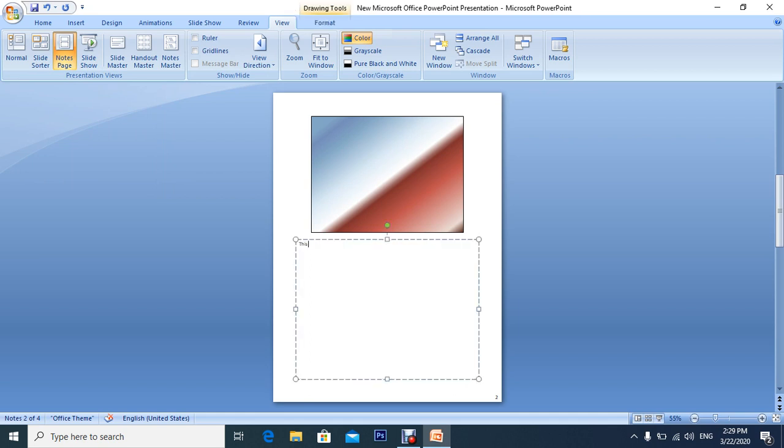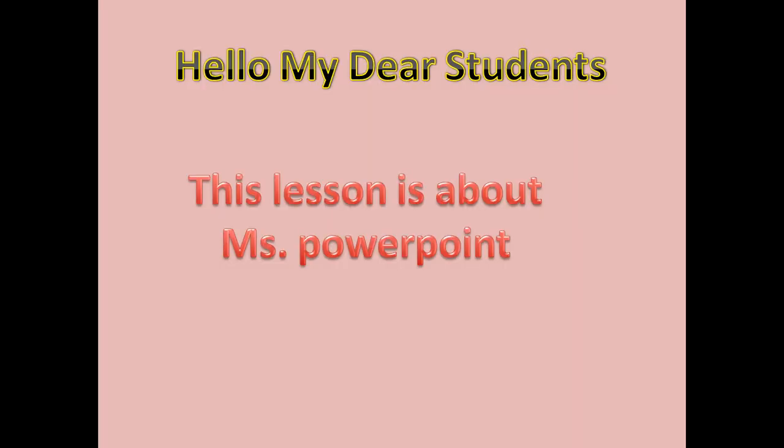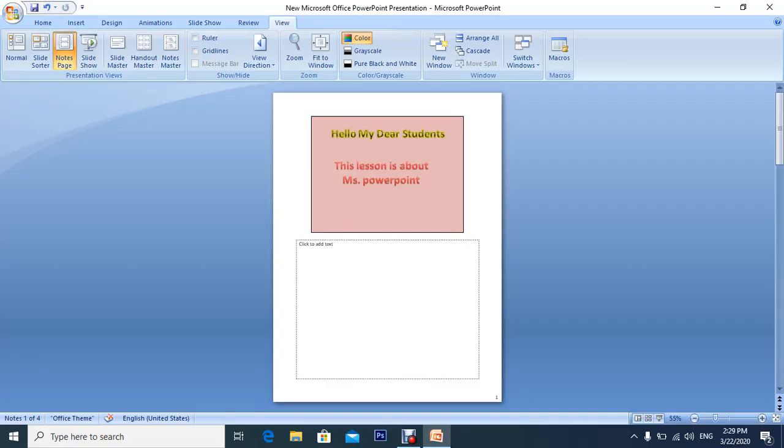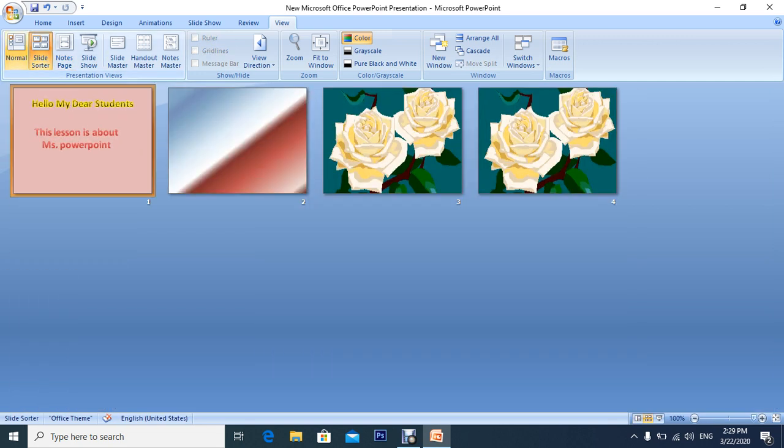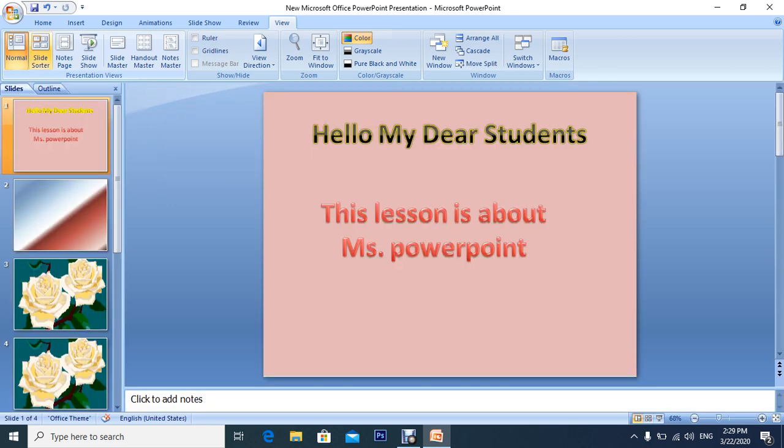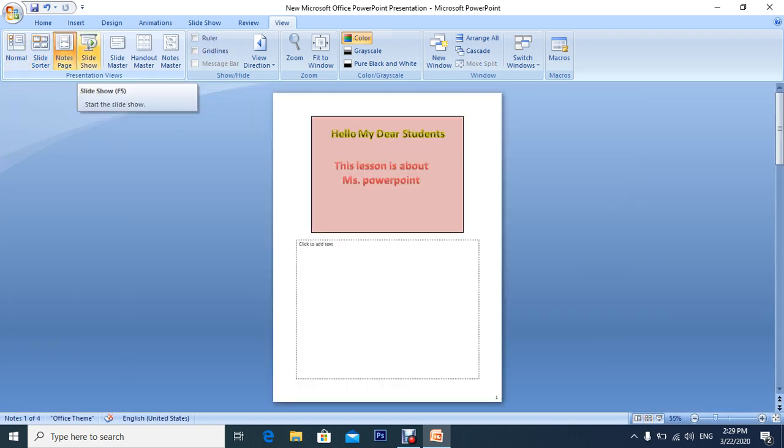For example, this slide is an explanation about background. You can use also the slideshow like I showed you before. So there are 4 ways to view your slides. You have the normal slide, you have the slide sorter, and by default it is the normal slide. So normal slide, slide sorter, notes page, and slideshow.